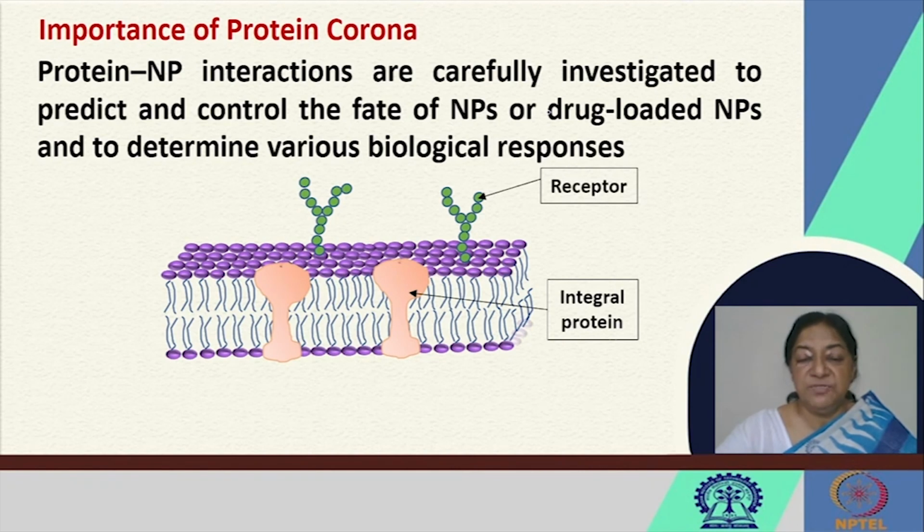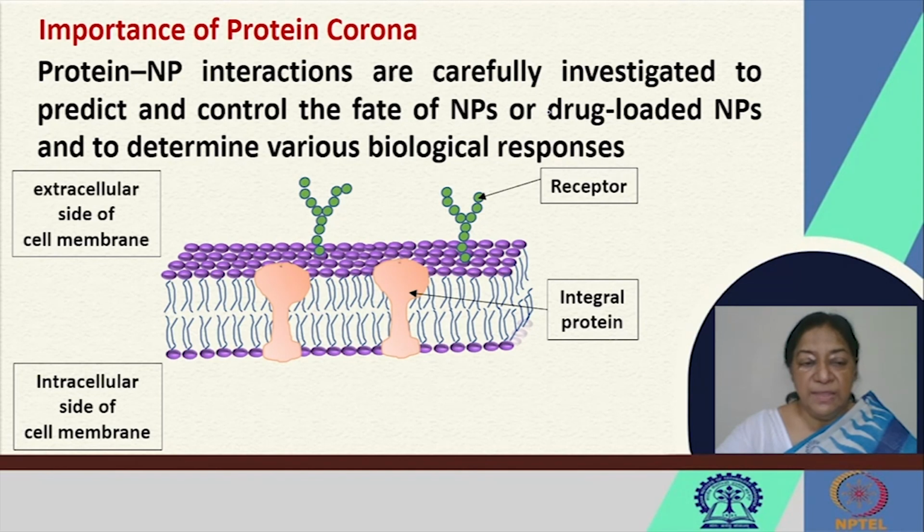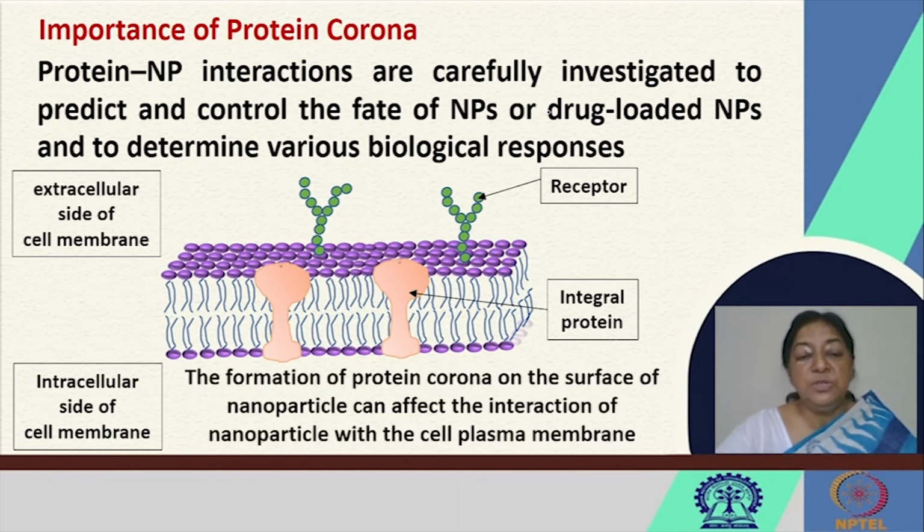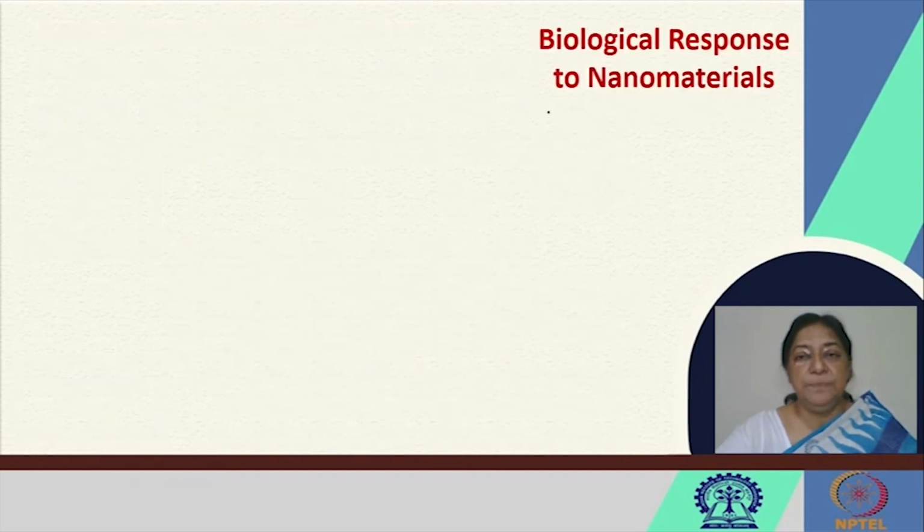We have a specific receptor on the surface, the extracellular side of the cell membrane, and the intracellular side of the cell membrane. Now, the formation of the protein corona on the surface of the nanoparticle can definitely affect the interaction of the nanoparticle with the cell plasma membrane, depending upon the protein that is present in the membrane or depending on the specific receptors on the surface on the extracellular side of the cell membrane.